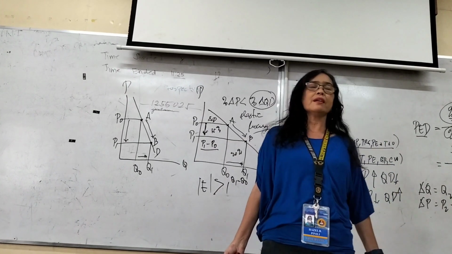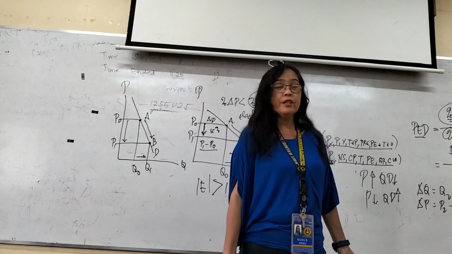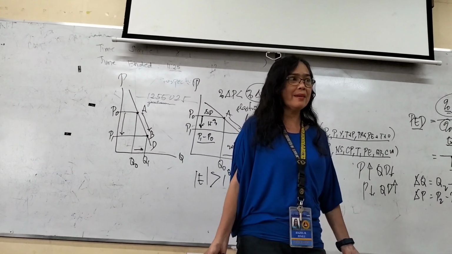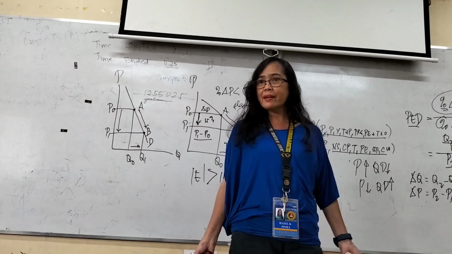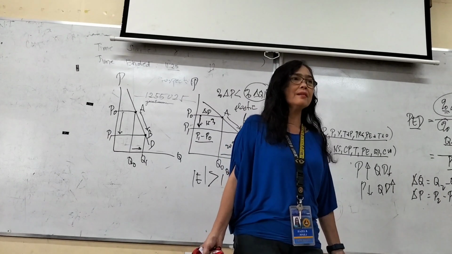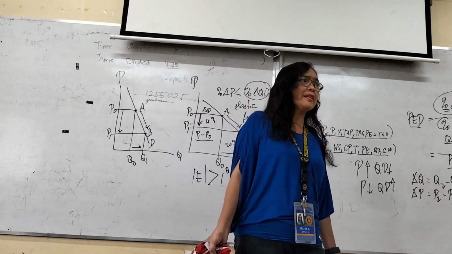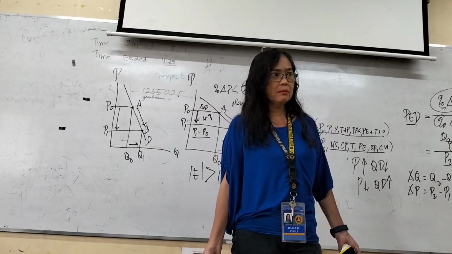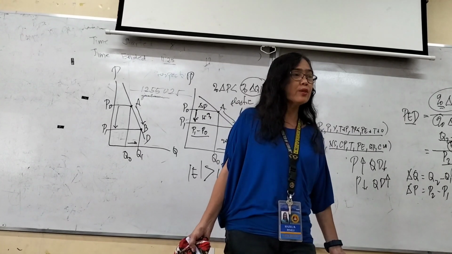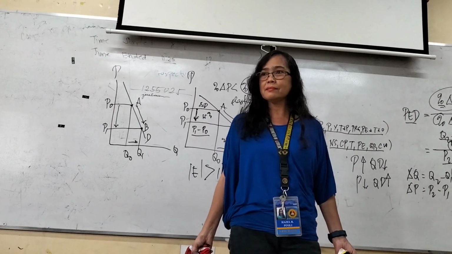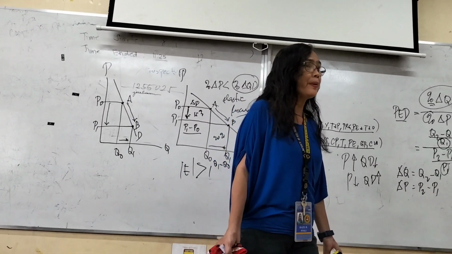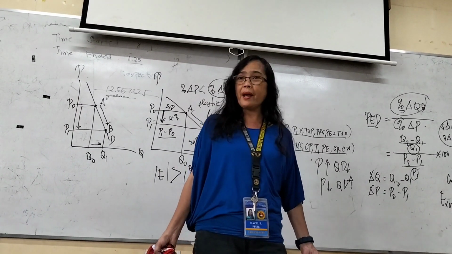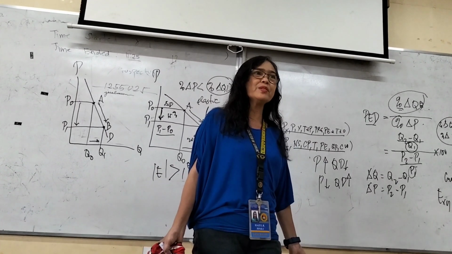Say for instance, at the mall, if there are sales, midnight sale, year-end sale, 50% discount, 75% discount, what will happen to the demand? There will be a lot of buyers coming in because they are responsive to the price change. So when there is a decrease in the price of luxury items, we tend to buy more.